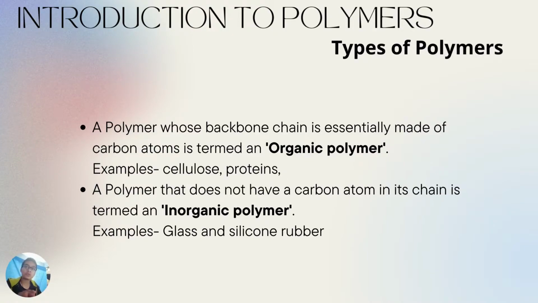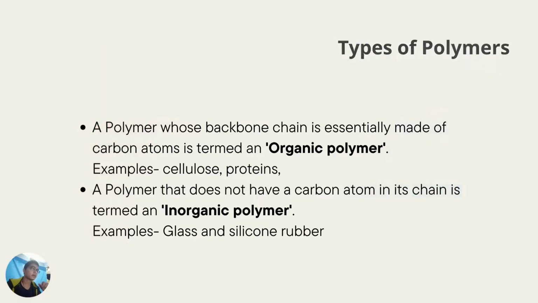So, natural and synthetic, if both contain carbon atoms, then they are called organic polymers, and if they do not contain a carbon atom in their chain, then it is considered an inorganic polymer. Okay, so we completed types of polymers. Basically, there are only two types, organic and inorganic.